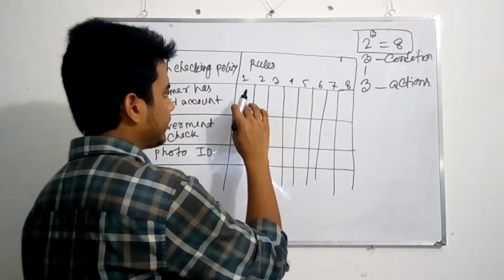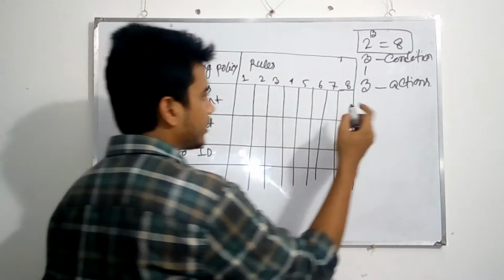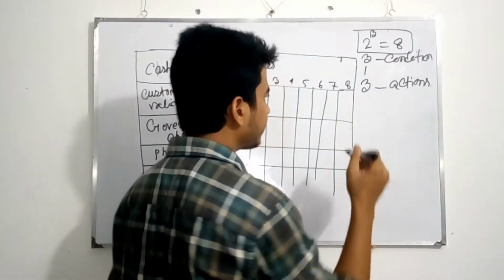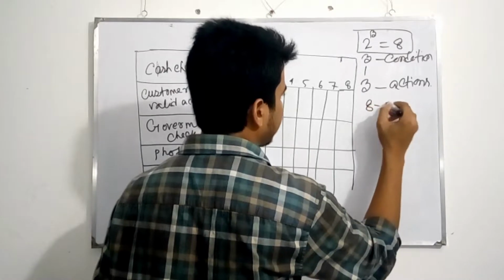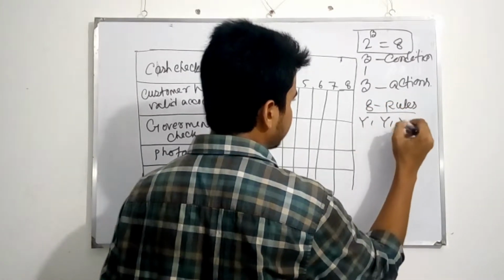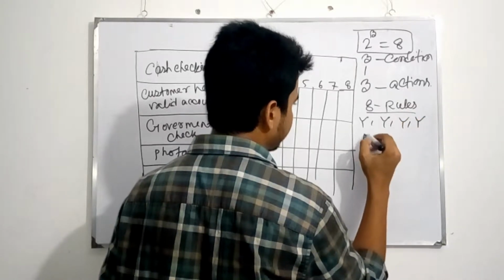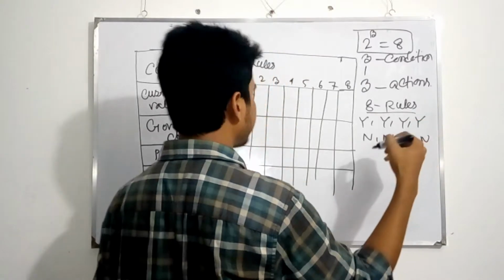So the rule for filling up this column is just binary. That is, if there are 8 rules, then the first 4 should be yes and the last 4 should be no, and then it's reduced by 2 and 2.